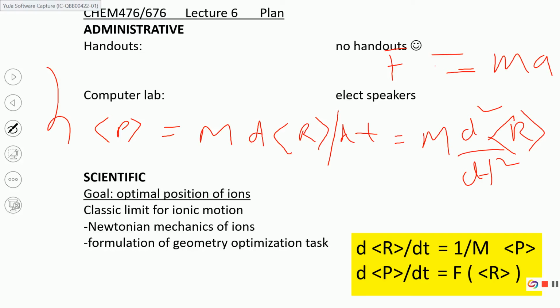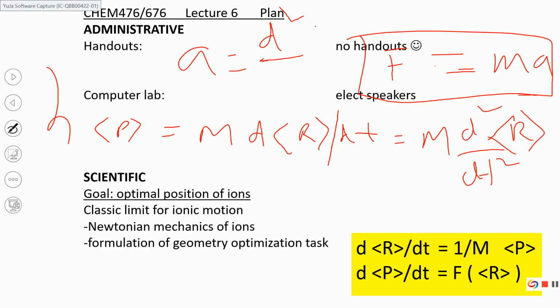Is it better now? This is Newton's formula. I will add more comments, but do you feel the general direction where the wind is blowing? Okay, and F equals m d squared r by dt squared.